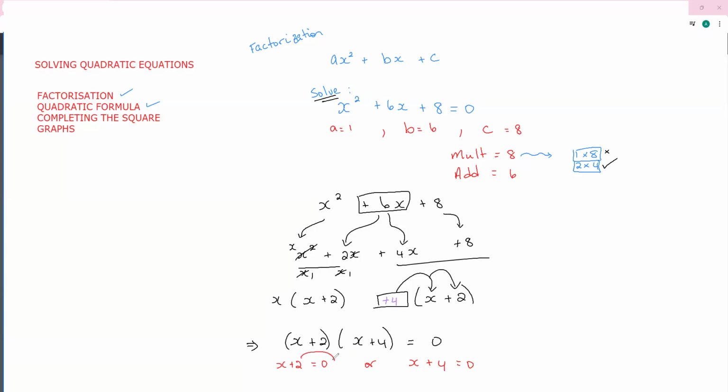Remember, you carry across. Once you cross the equal sign, you do the opposite operation. So this was adding, so when it goes across, it becomes minus 2. Or carry this across. It was adding, so when it goes across, it becomes minus 4.